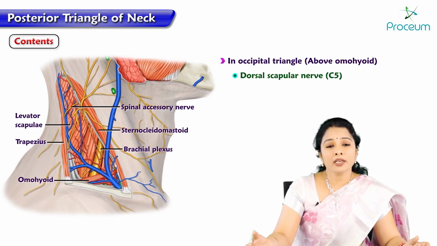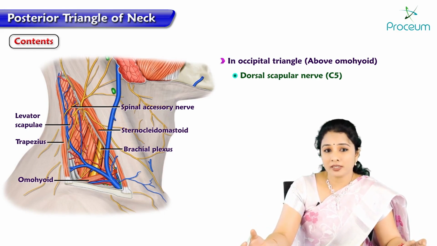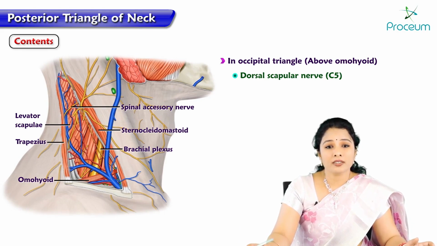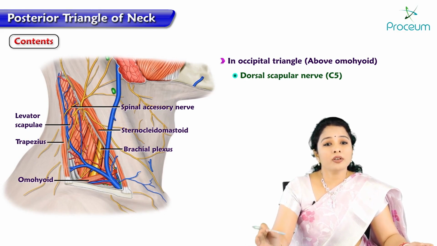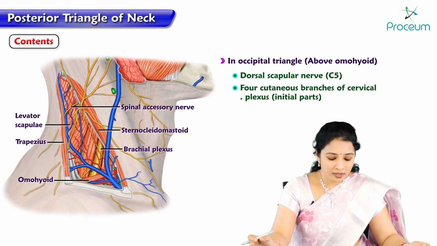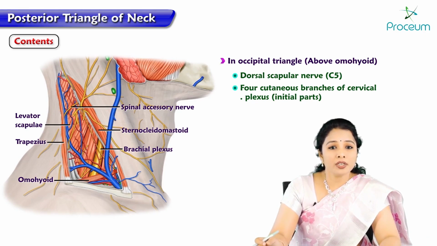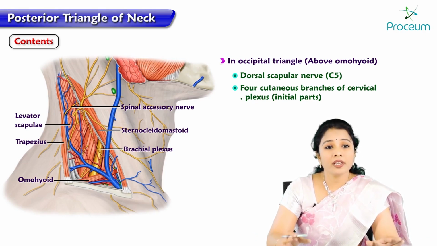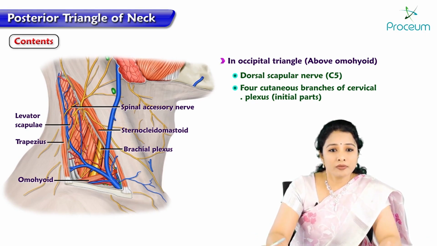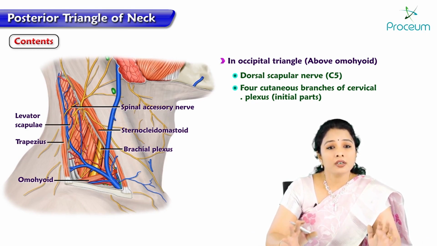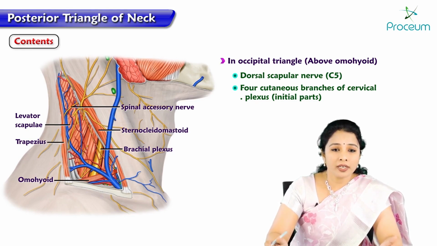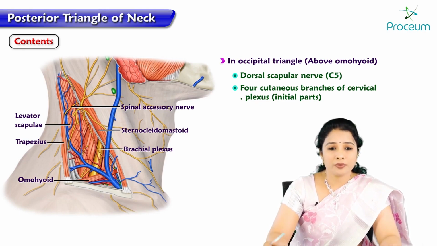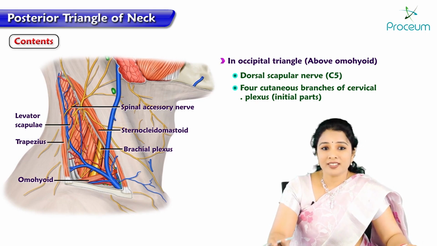It is meant to supply the dorsal scapular muscles, that is, rhomboids. Next, the four cutaneous branches, which we saw in the beginning of the session, where they pierce the superficial fascia. These four cutaneous branches are all branches of the cervical plexus with root value from C2 to C4 and C5 as well.